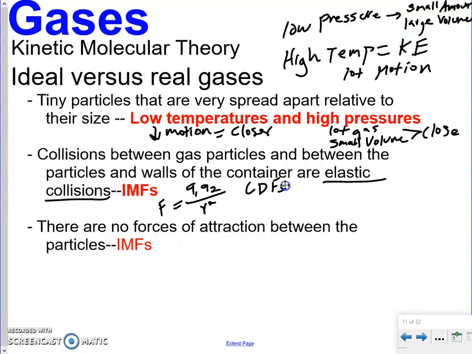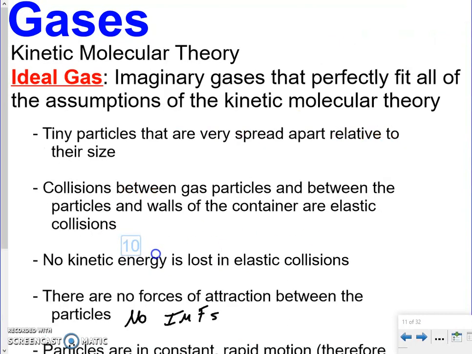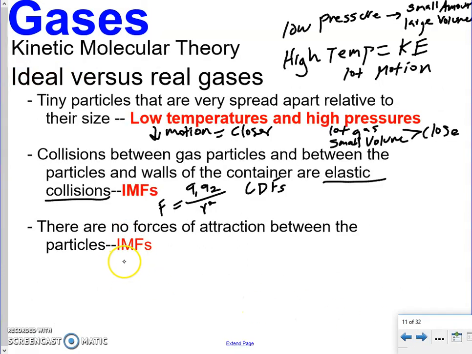They will always be inelastic collisions, meaning repulsion is going to cause kinetic energy to increase, whereas attraction is going to cause kinetic energy to decrease. And then no force of attraction, again, is what we just talked about with IMFs.